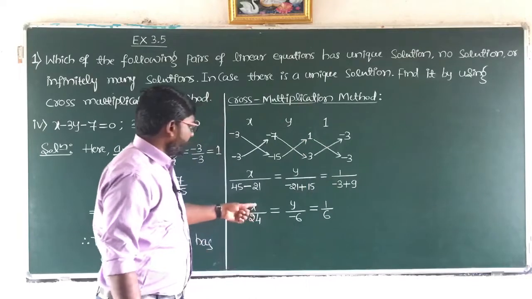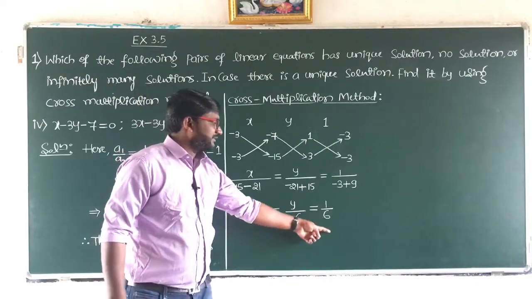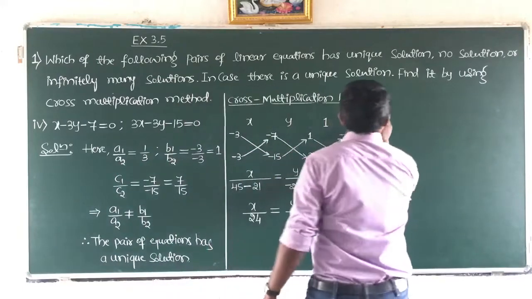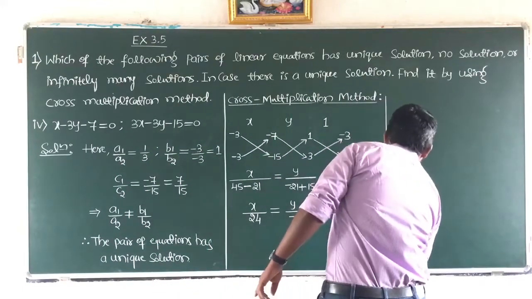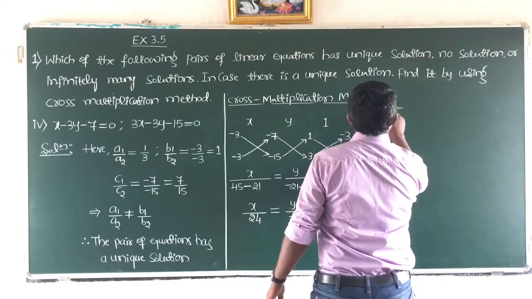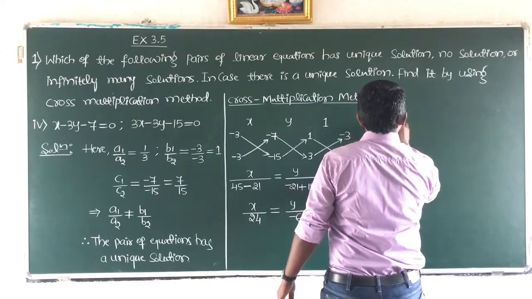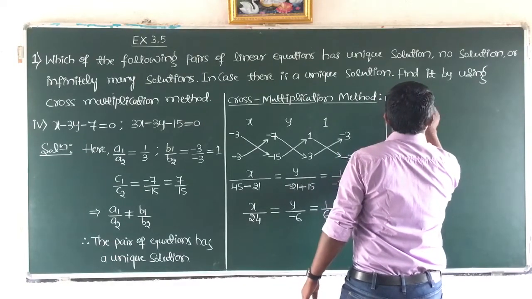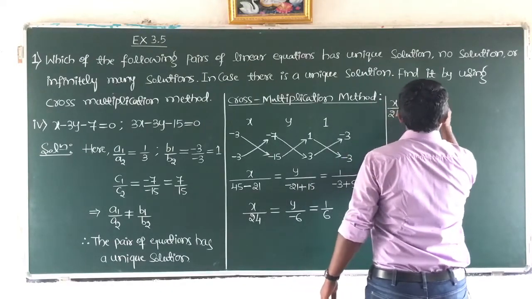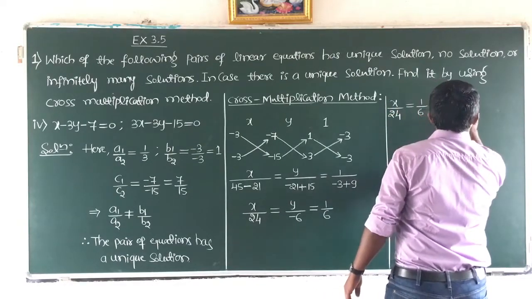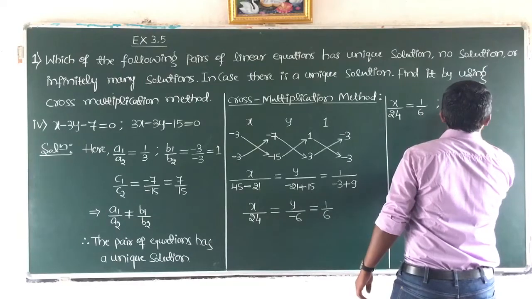Now equate x by 24 with 1 by 6 and then y by minus 6 with 1 by 6. So here x by 24 is equal to 1 by 6, and then this side y by minus 6 is equal to 1 by 6.